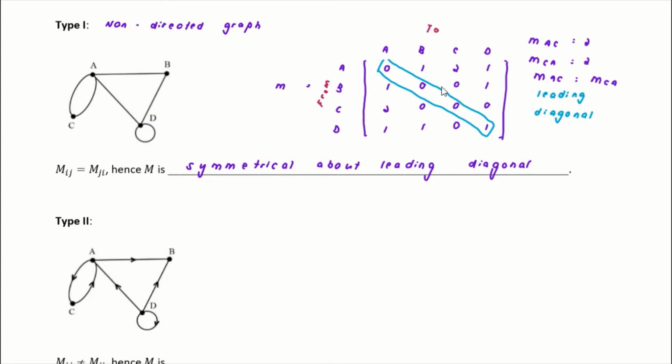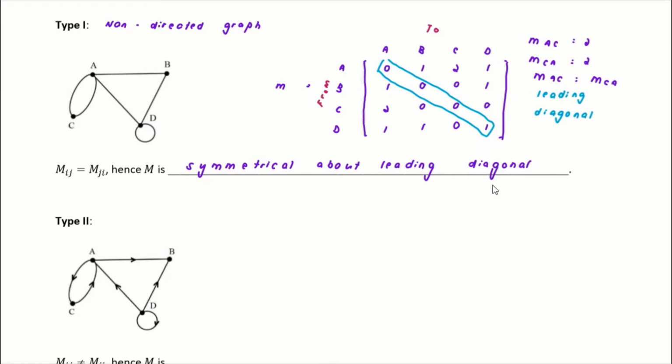But if I cut it in half, it isn't symmetrical, like this is 1, this is 2, then 0 and 1. They don't give you any mirror image. The only symmetry happens about the leading diagonal. So make sure that when you are giving the explanation or the answer, you write it in full. So it's symmetrical about the leading diagonal only.